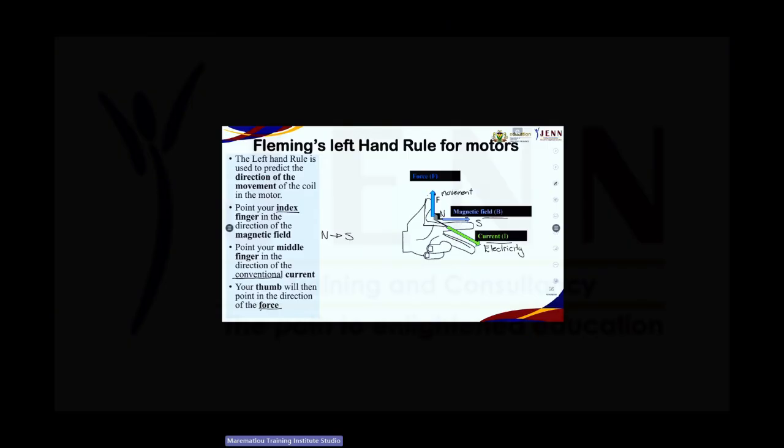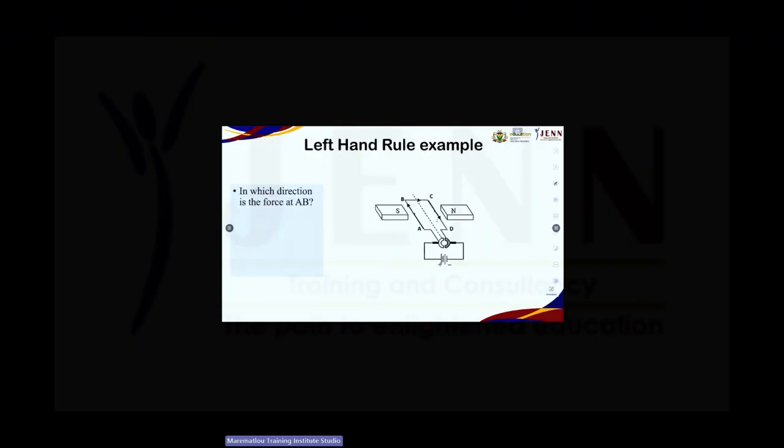Okay, so let's quickly look at the next slide and how to identify. With this one, I want you guys to identify in which direction the force is at AB. When you look at a question like this, can you see that the coil is split in two parts?